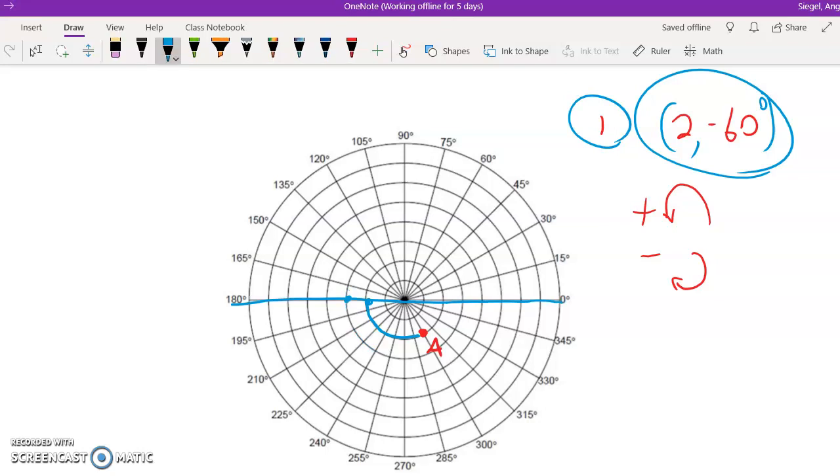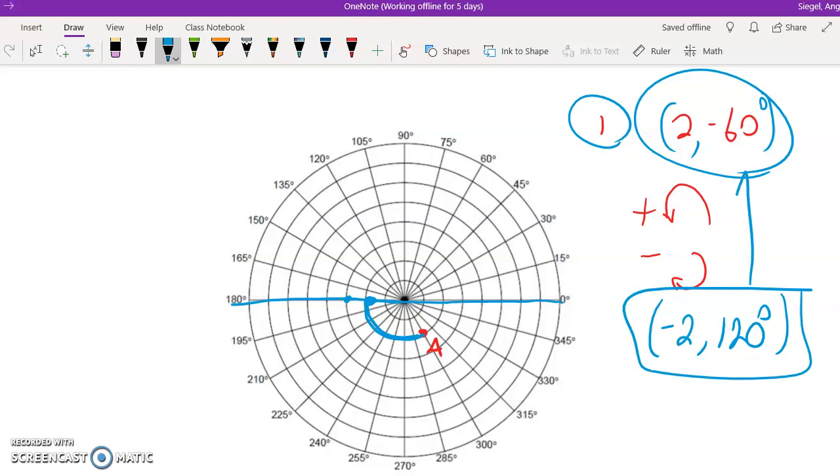We're going from 180 to 300. So think about what that would be. 180 to 300, that's going to be positive 120. So another way to say this is (-2, 120 degrees) right here because we went out 2 and we swung around positive 120 degrees. So this would be another way of writing that.